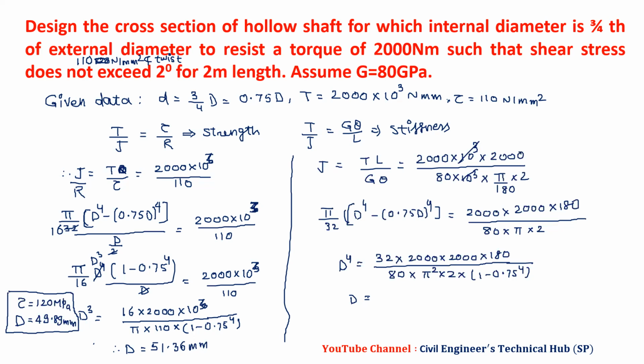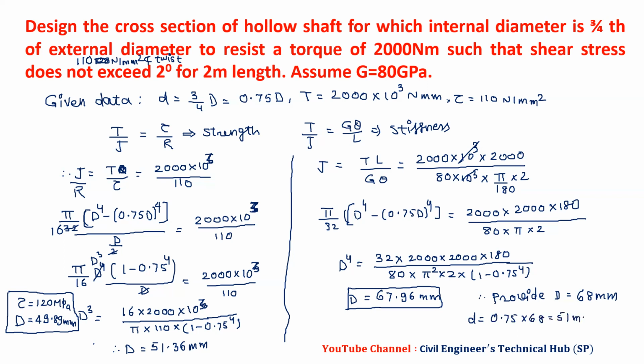And value is 67.96 millimeter. And therefore, this is greater one. We have to always go for greater value. And therefore, provide D is equal to 68 millimeters. And small d becomes 0.75 into 68, which will be 51 millimeters.